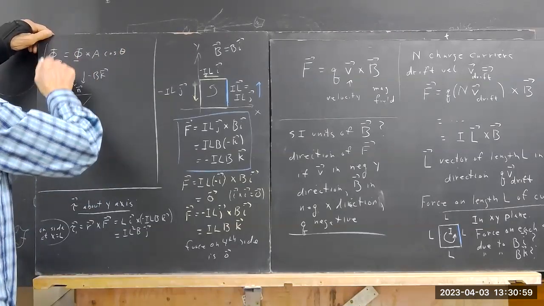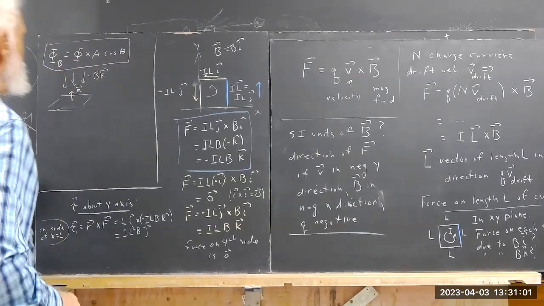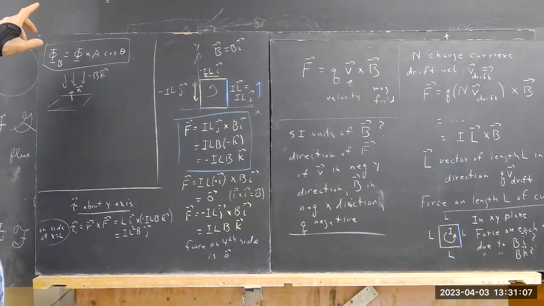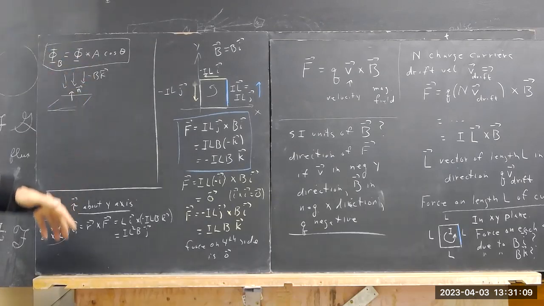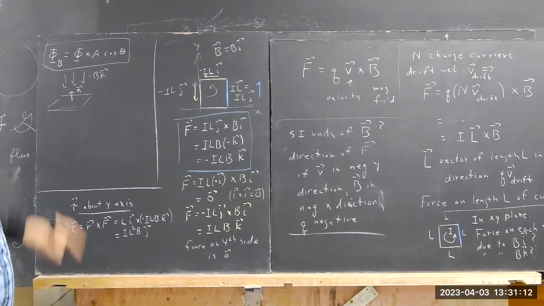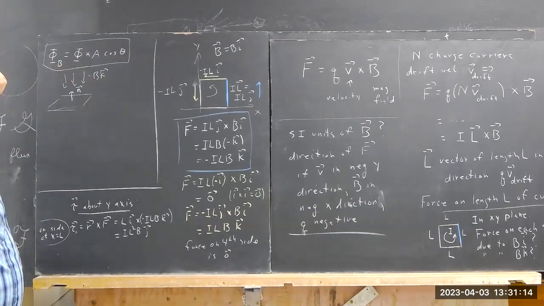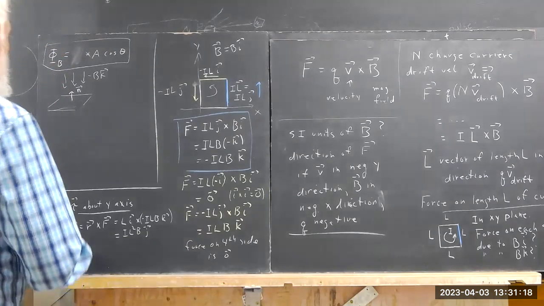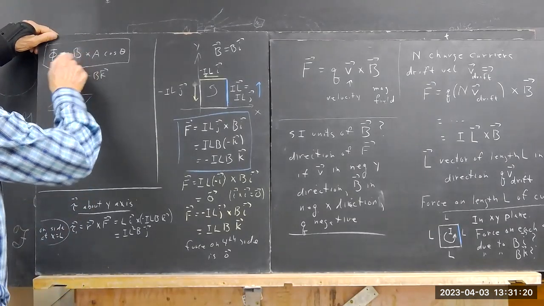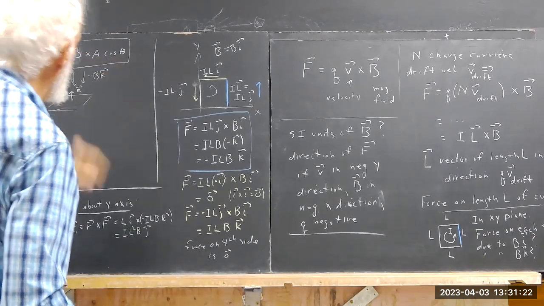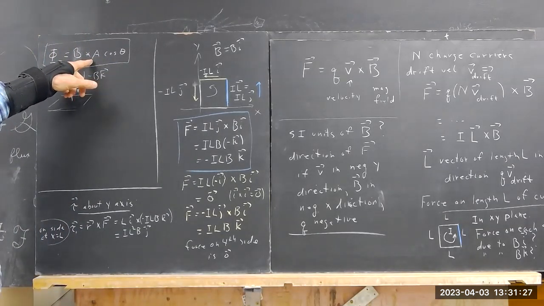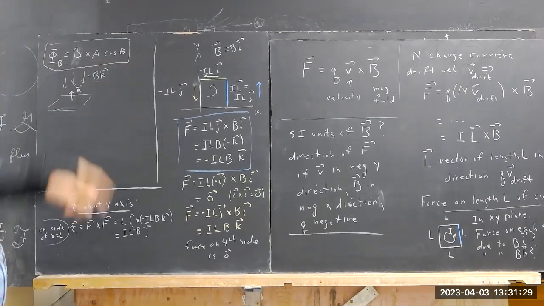Let me try this. Okay. Flux due to an area increment, assuming you have a constant magnetic field through that area, you just multiply the magnetic field. It's B times A times cosine theta. Magnetic field times area times cosine of theta.